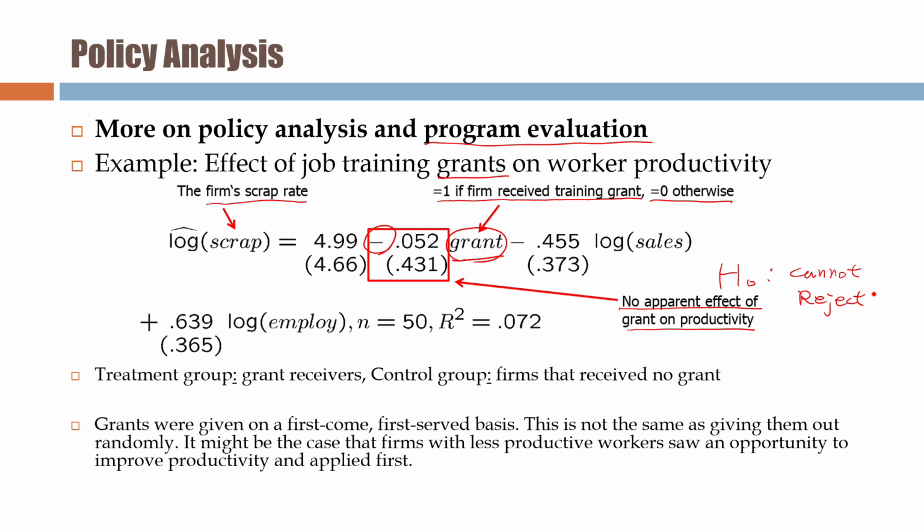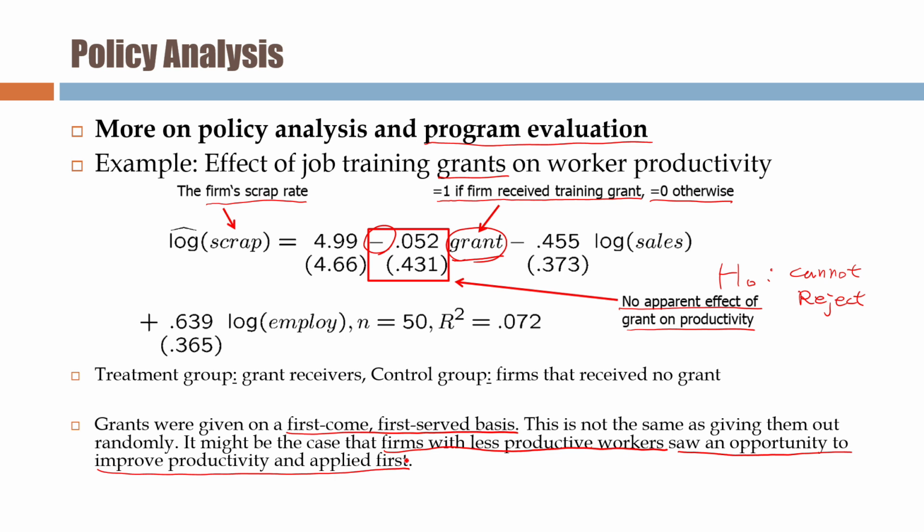Yeah. So actually there's a problem. The grant is given on a first come first serve basis, right? This is not randomly distributed. So maybe the firms with less productive workers saw an opportunity to improve productivity and applied first. So most of the firms who get a grant usually have low productivity.